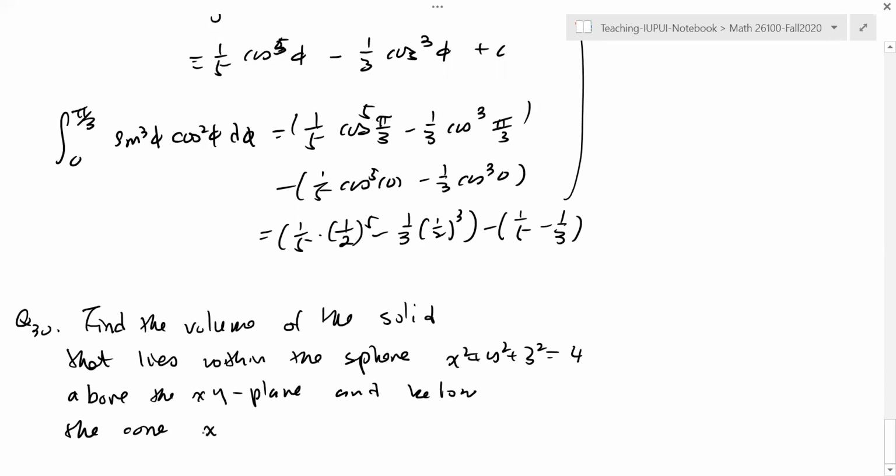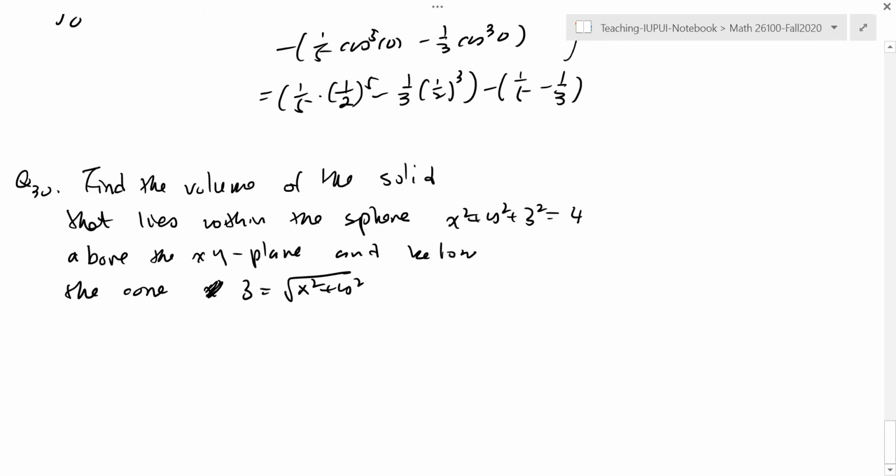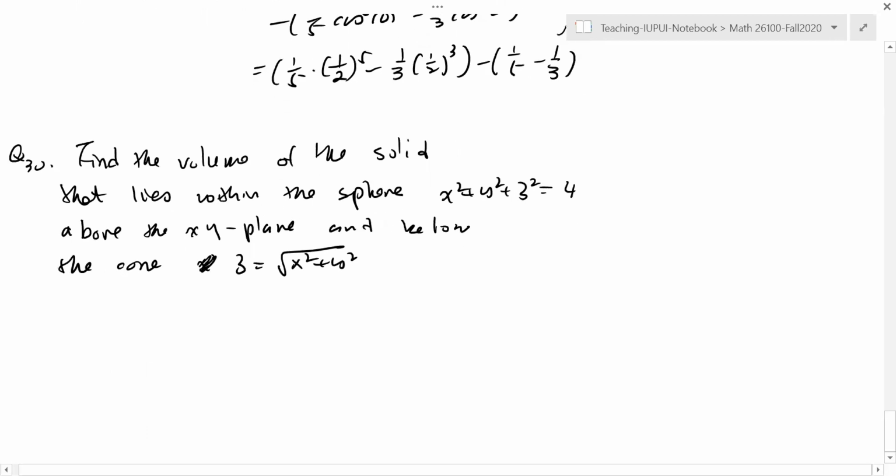Now, the cone this time is given by the formula z equals square root of x squared plus y squared. So this is a cone above the xy plane because z can never be negative.